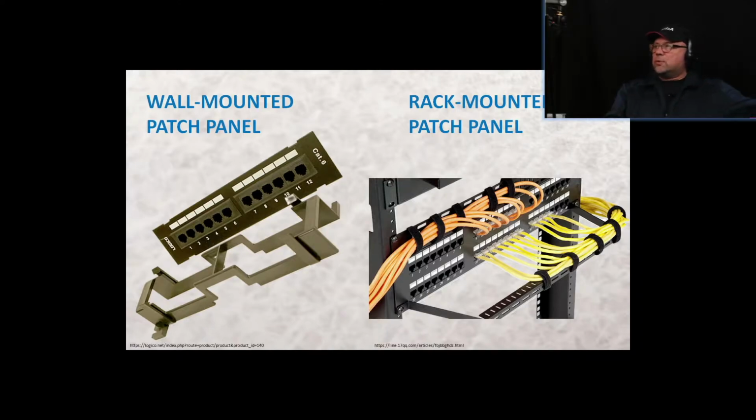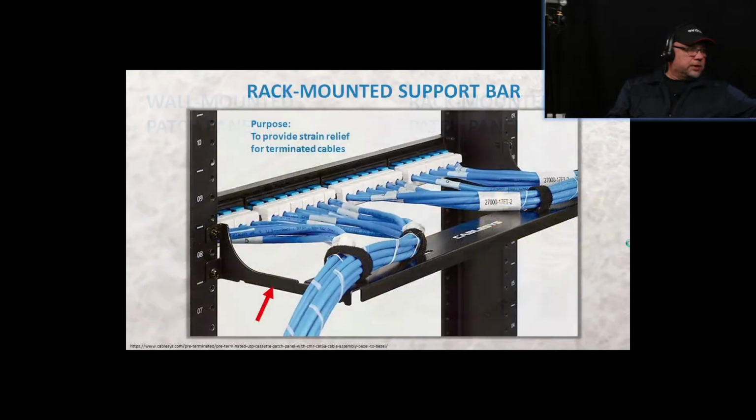So this support bar, you can see, is placed at the front of the patch panel, but you also get support bars that are placed at the back of the panel. So here, obviously, look at that.